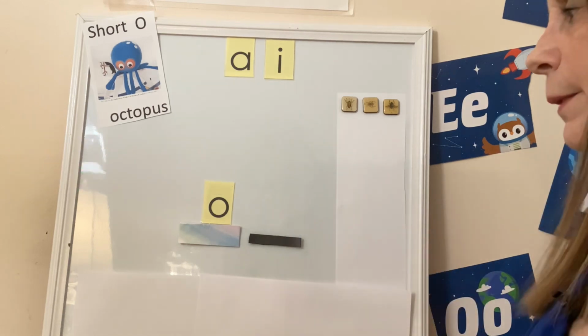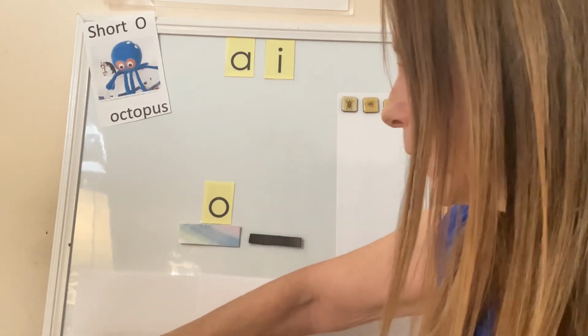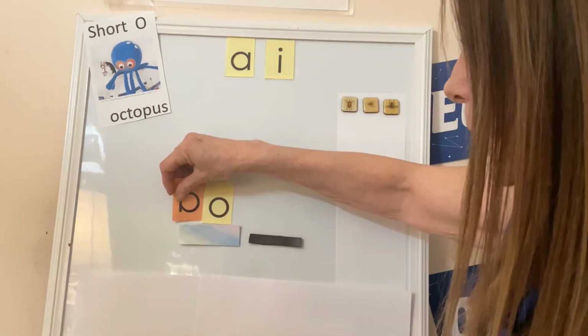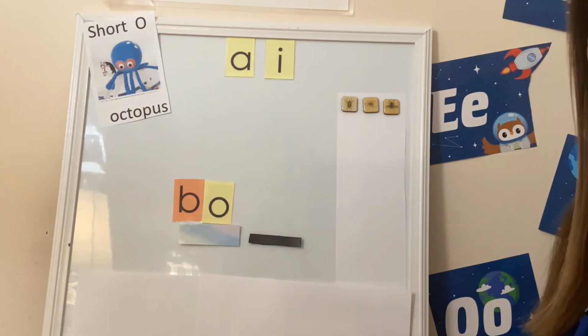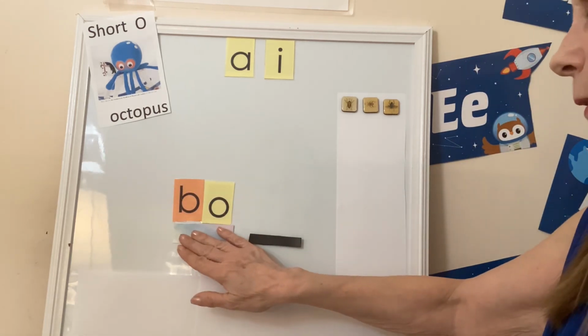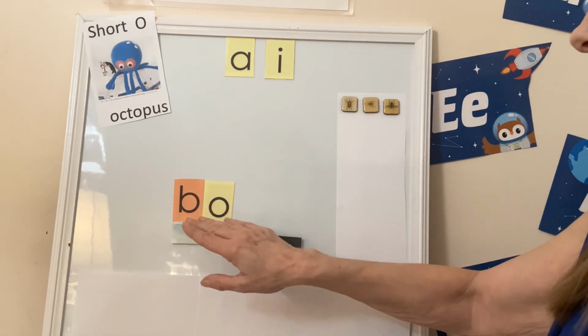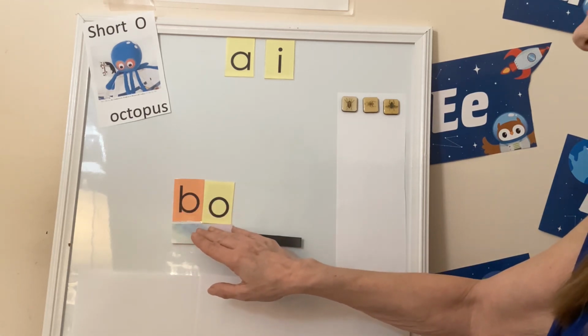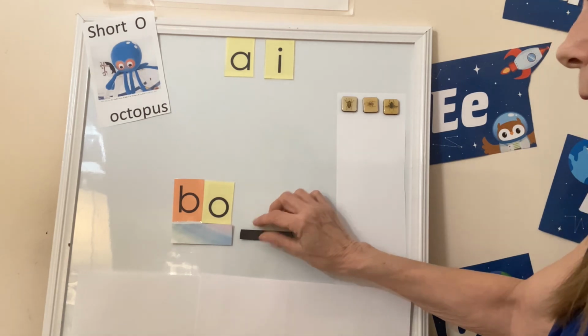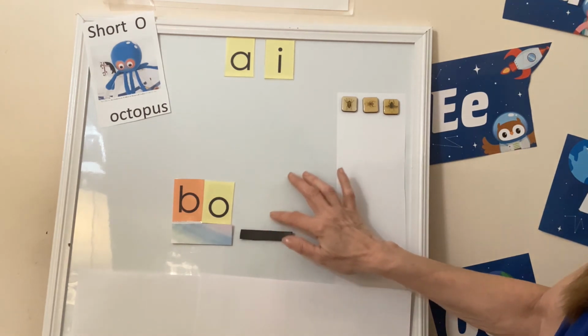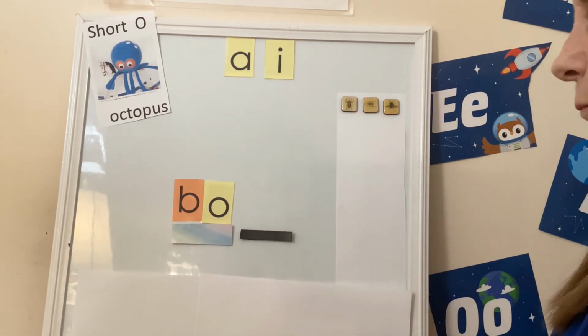When we blend at the beginning, we blend the initial consonant and following vowel sound first. Now this is the baby sound, so you would review with the child. The baby can't say the whole word, just the beginning. And this line stands for the final consonant we'll be adding.